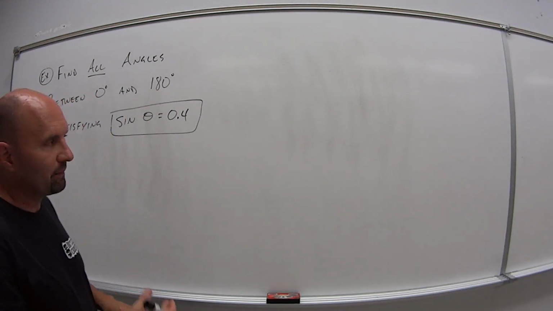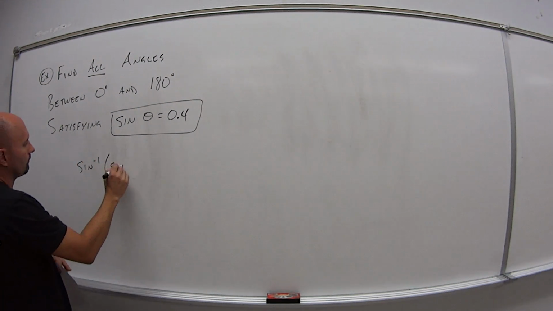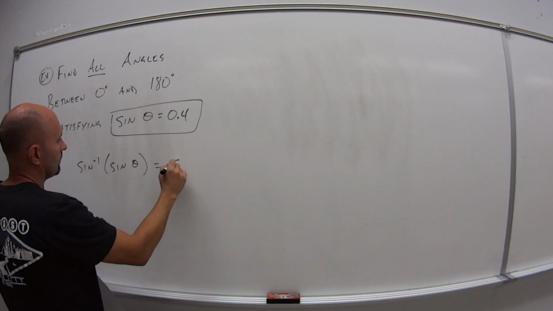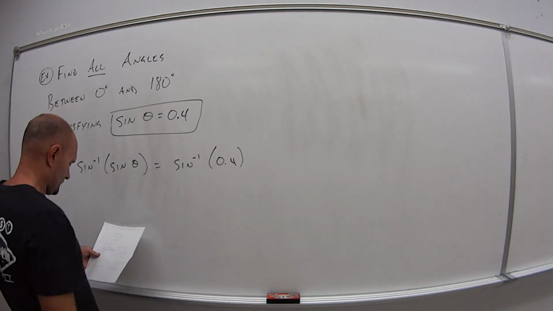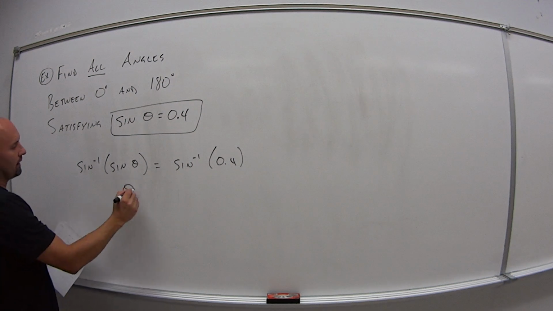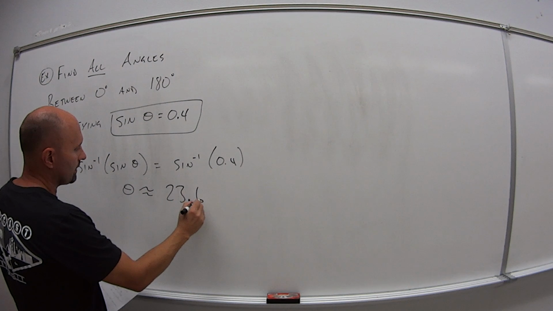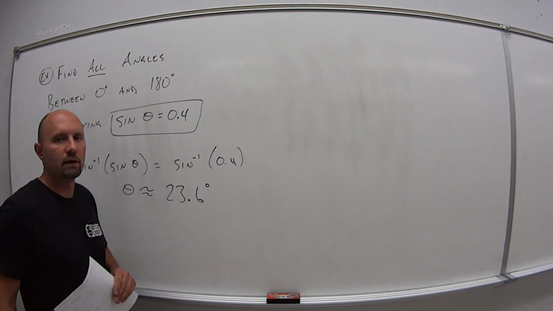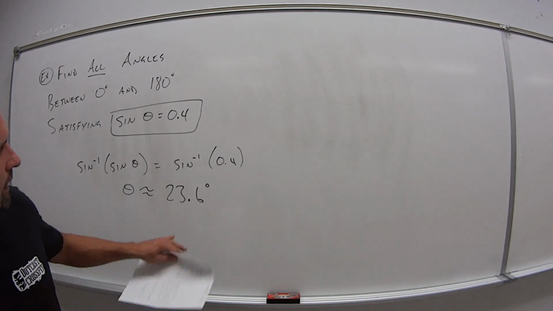If we do the same thing we just did, we take the inverse sine of both sides. This gives us that theta is approximately 23.6 degrees. Now, that tells us what?